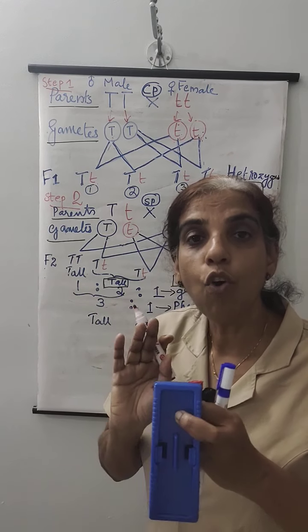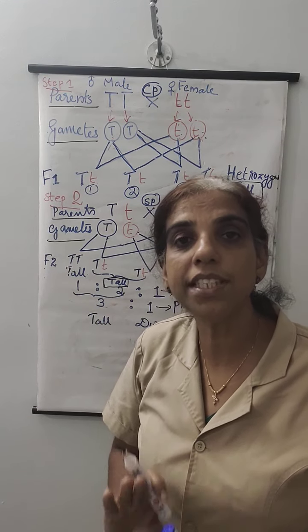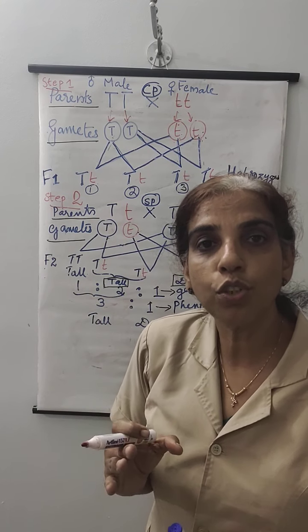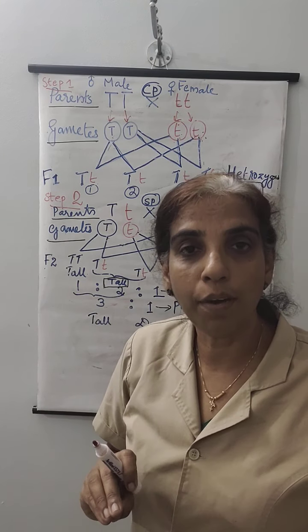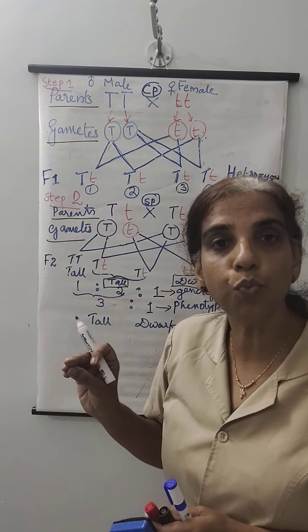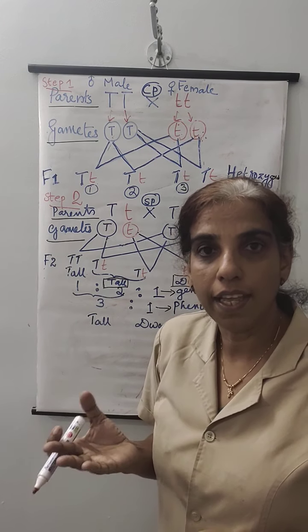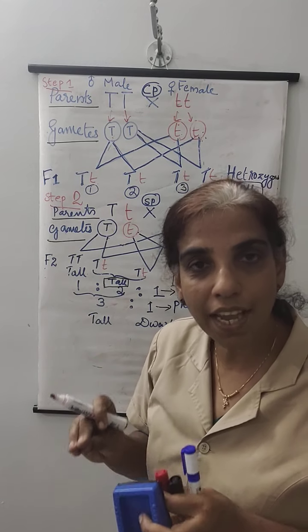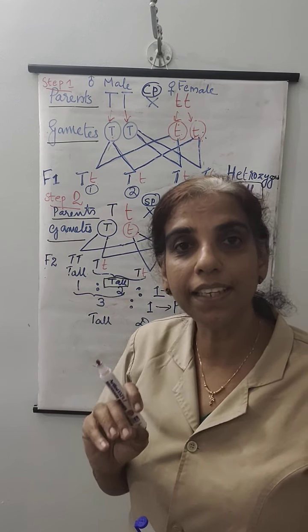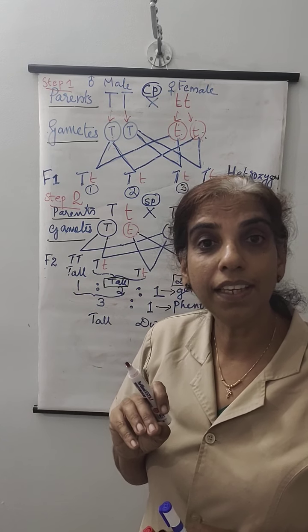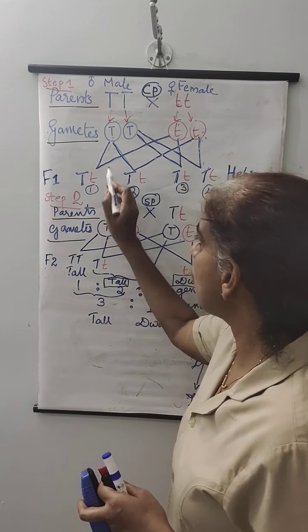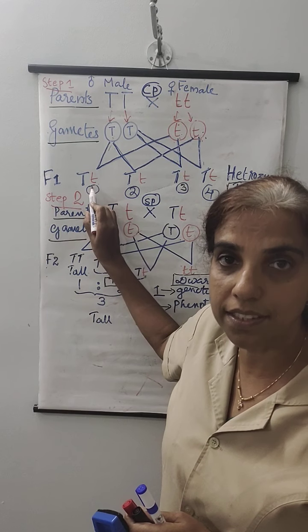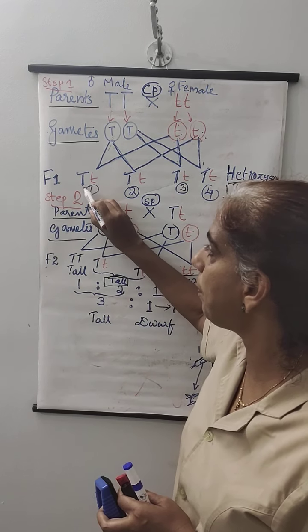That means all 4 probabilities or chances we are taking, because we do not know which pollen grain will fertilize with which ovule. All this happens inside the flower or inside the pollen tube, what we have studied in fertilization in reproduction.